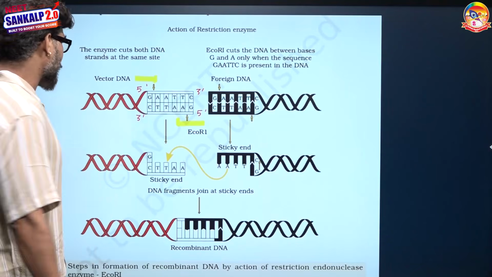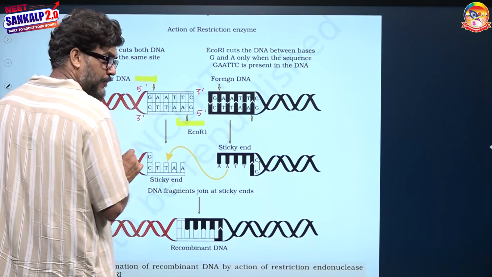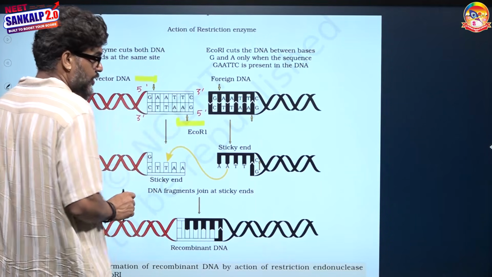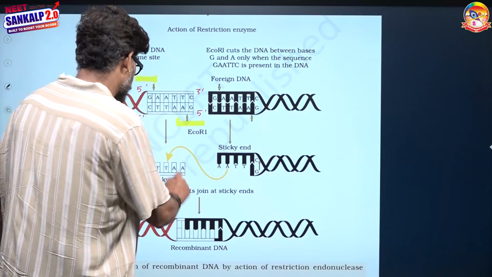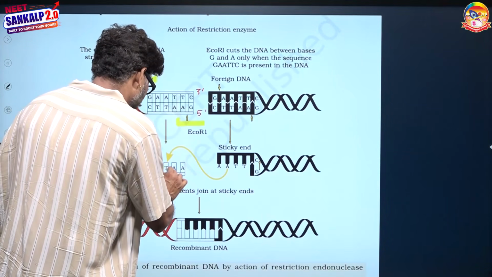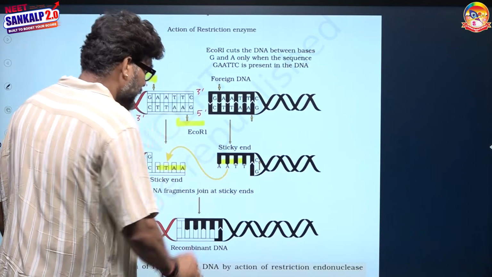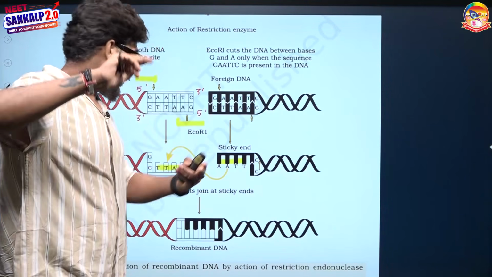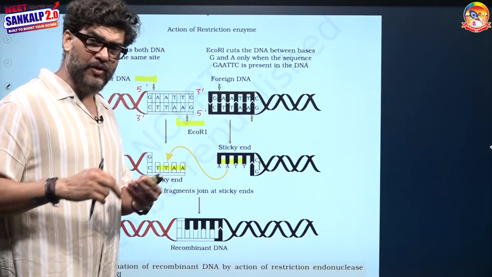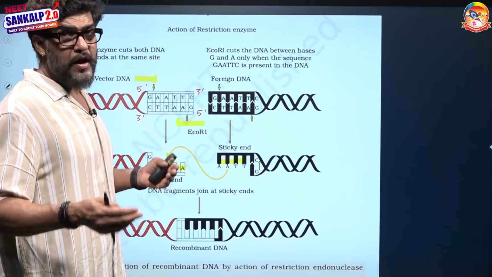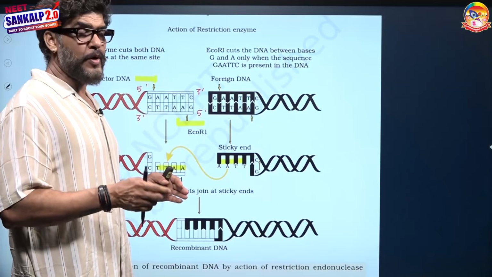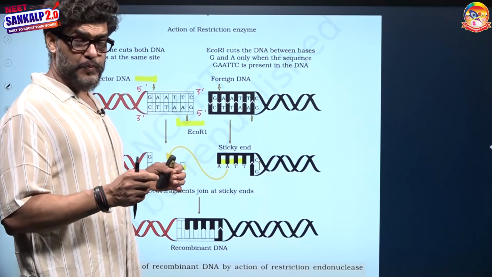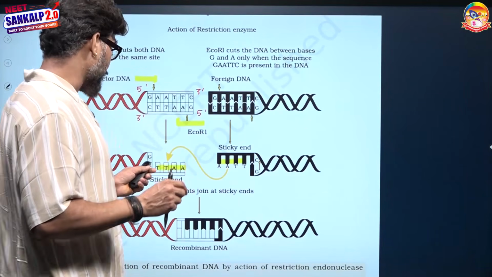This enzyme cuts between G and A. Consequently, the strands that arise have partly overhanging single-stranded regions. When the overhanging single-stranded ends come very close, it facilitates hydrogen bonding, and this hydrogen bonding helps to establish the phosphodiester bond between the cleaved parts.